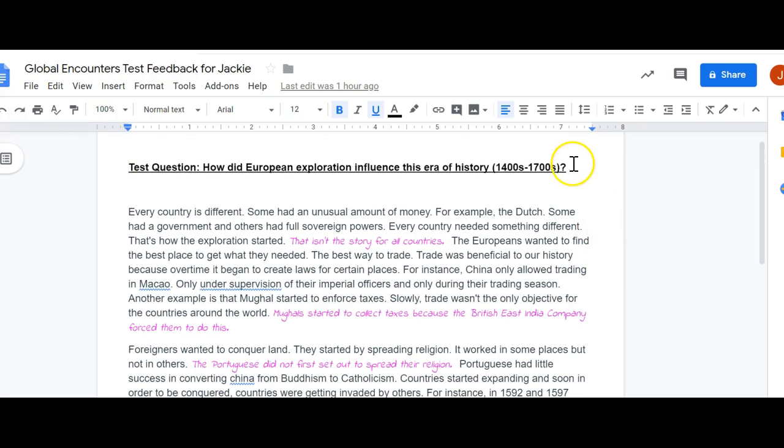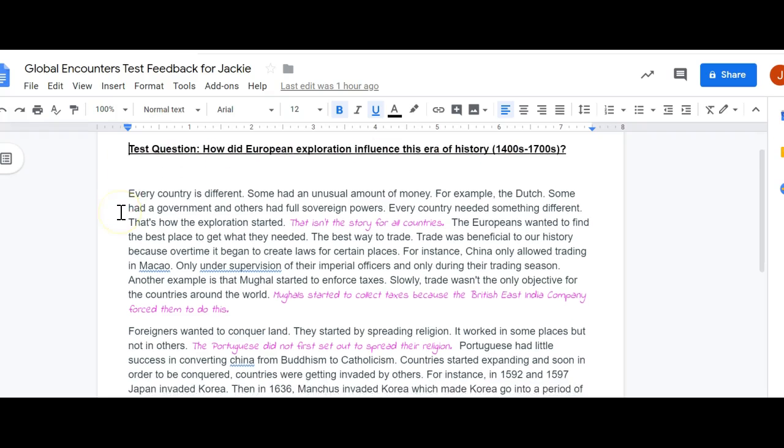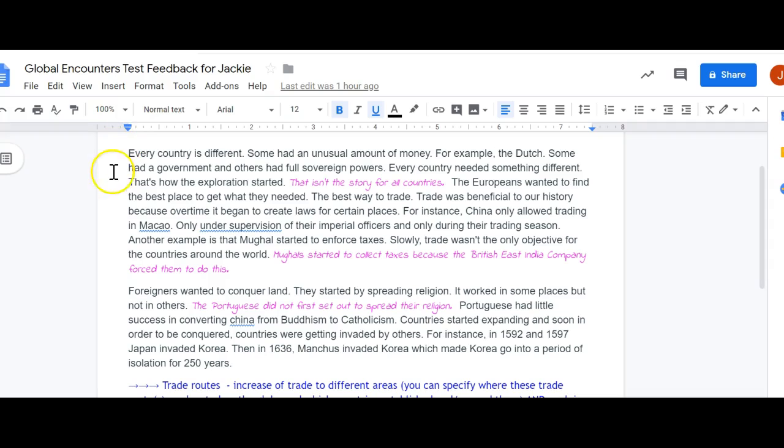At the top in bold, black, and underlined is just the original test question. So I copied and pasted the original test question right here. The next two paragraphs, which is the faded black or gray text, is copied and pasted from your answer. That's what you originally wrote.